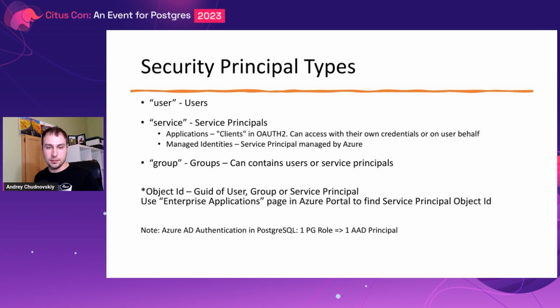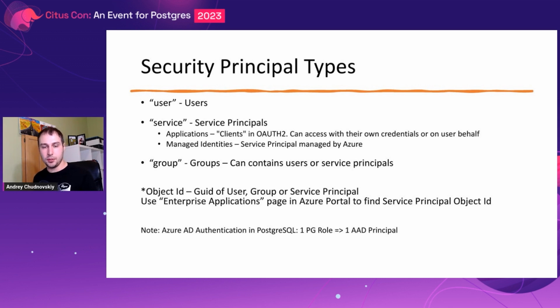There are also groups, which can contain both users and service principals. They can also have other groups. For all principals, we store the object ID. For users and groups, it's easy. You can open the Azure portal for this object and see the object ID there.